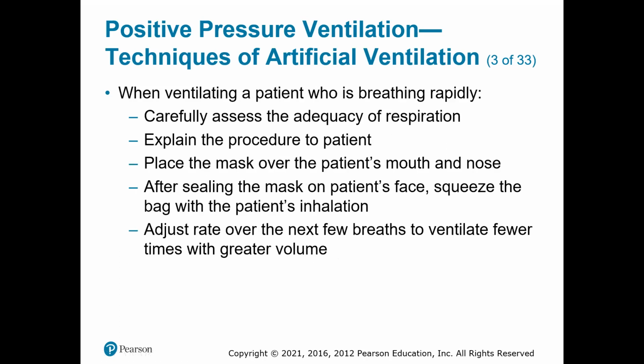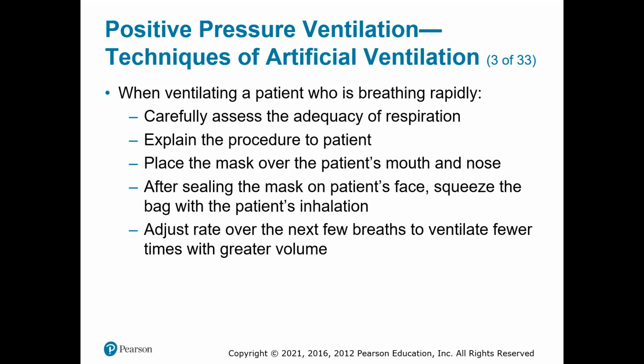When ventilating a patient who's breathing too quickly, we will actually slow people down. The biggest thing is explaining the procedure to the patient. You have to be able to coach them. You don't want them to freak out and panic. There may be times where you have to almost force the air in at a much slower rate to try to calm them down.